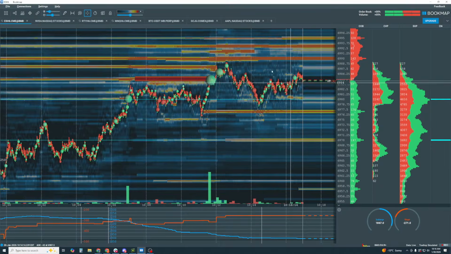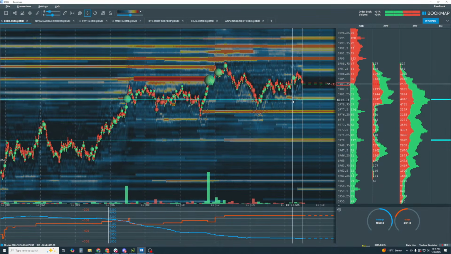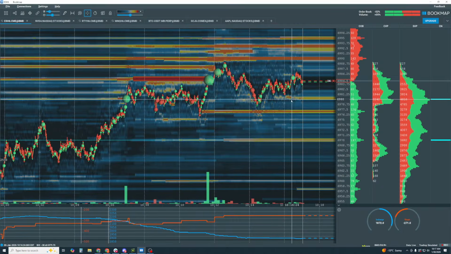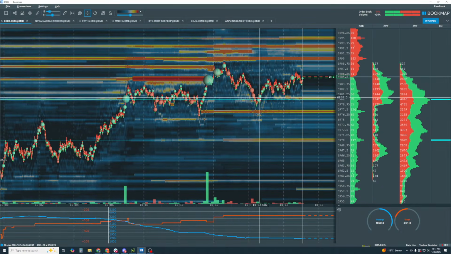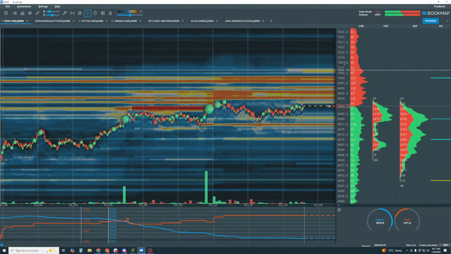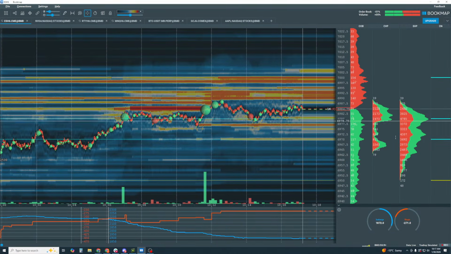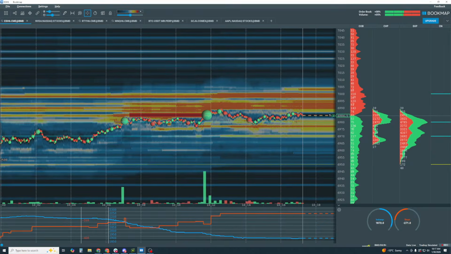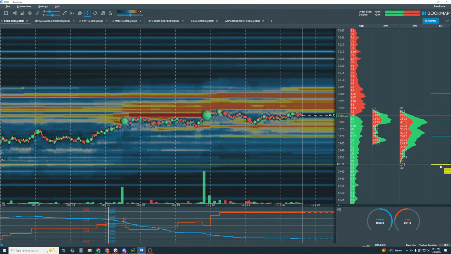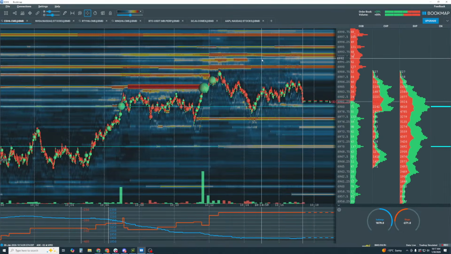I do have this 69.80 as an options level here, a minor amount of calls compared to the big call area up here at 7,000. I've got some puts down here at 69.50, etc.